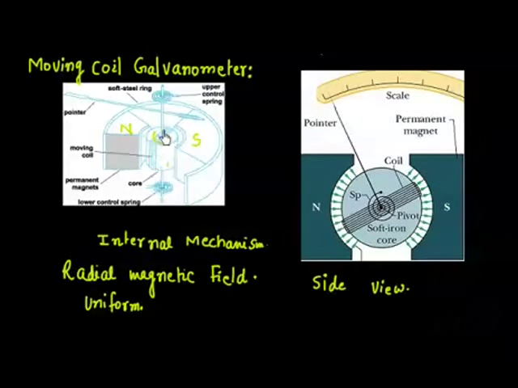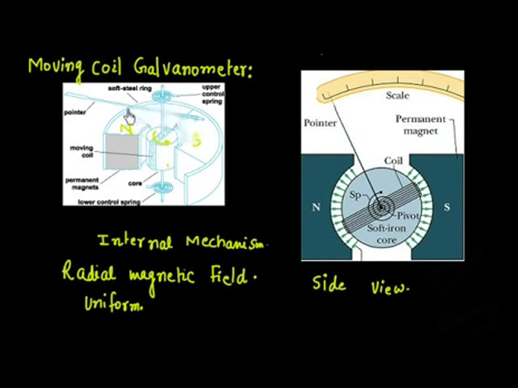Now if you connect this galvanometer to a current, a current flows through this loop, and if there is a current, then there is a torque. The torque wants to move this thing, but the spring tries to oppose the movement. Are you getting it?